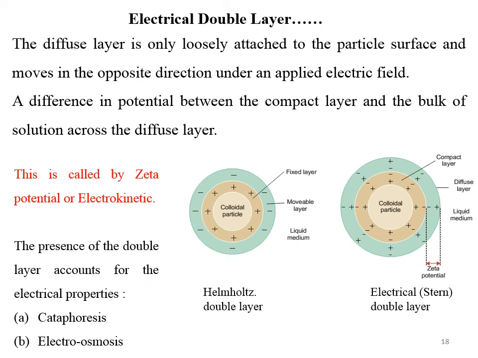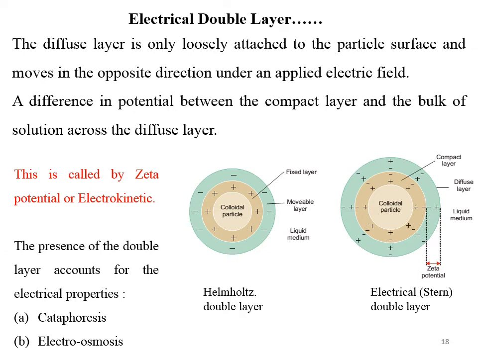According to Stern, or in Stern layer, the diffuse layer is only loosely attached to the particle surface and moves in the opposite direction under the applied electric field. Because of the distribution of the charge around the particle, there is a difference in potential between the compact layer and the bulk of the solution across the diffuse layer, as shown in this figure of the electrical double layer given by the Stern.